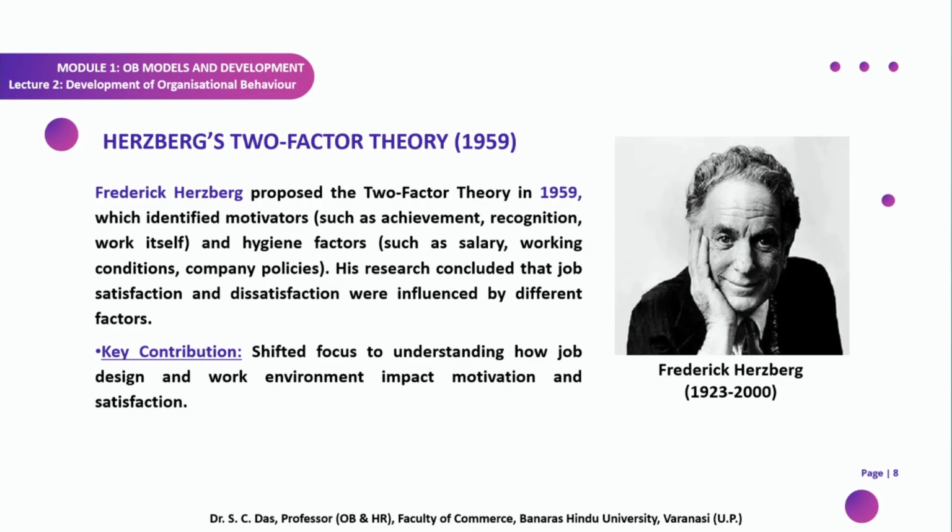Hygiene factors are things like salary, working conditions, and company policies. That particular research identified two different contexts which are very powerful nowadays. Achievement, recognition, and the work itself are termed motivators, and salary, working conditions, and company policies are called hygiene factors.